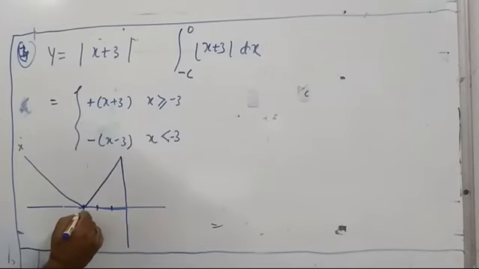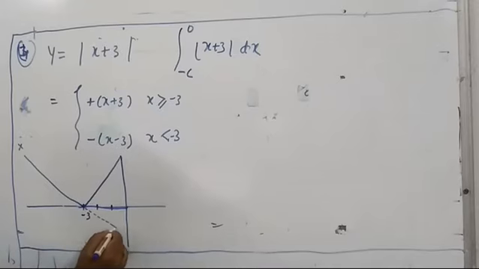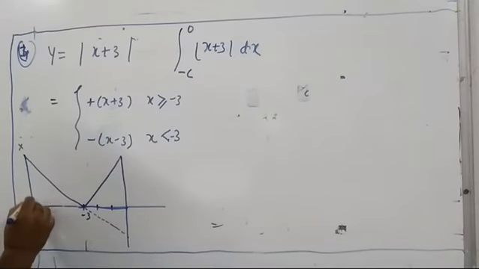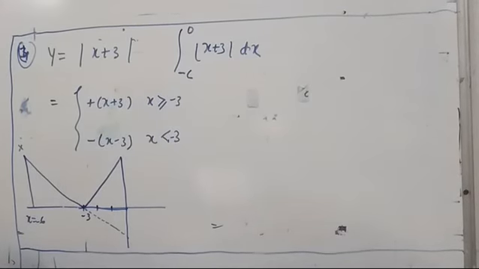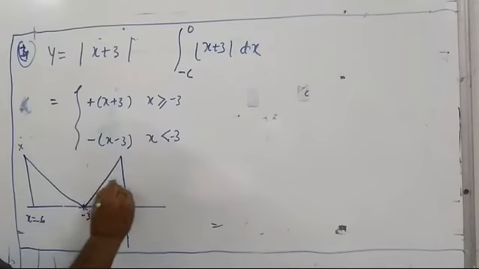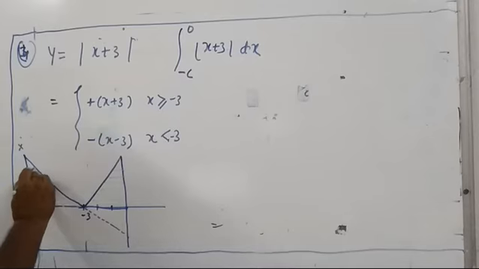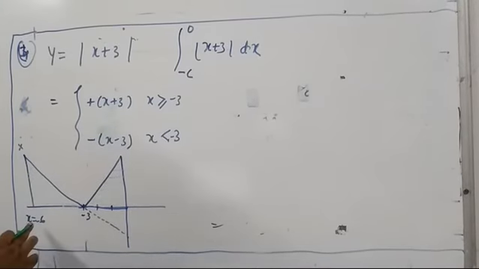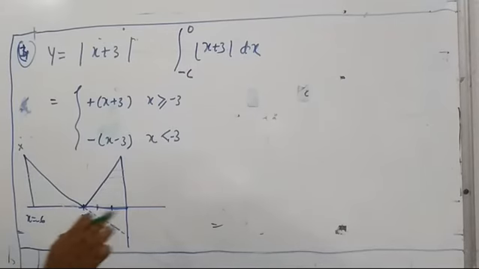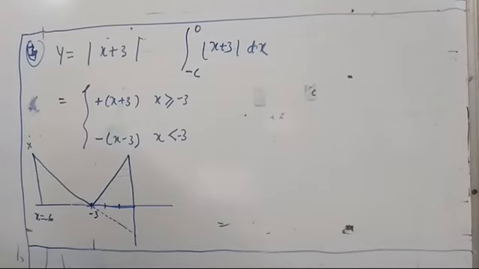The breaking point is minus 3, this is 0, and this is x equal to minus 6. So we have to find the area of this portion and this portion. So the limit will be minus 6 to minus 3 and minus 3 to 0.